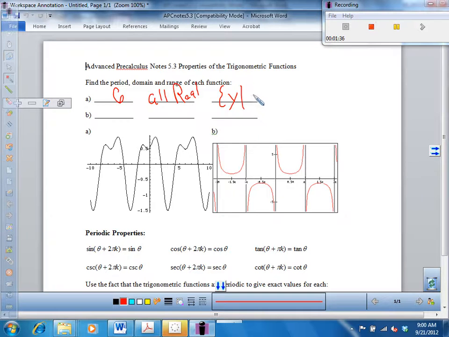Then y is greater than or equal to negative 1.5, sorry, negative 1.5 is less than or equal to y, and y is less than or equal to about 1 or something.